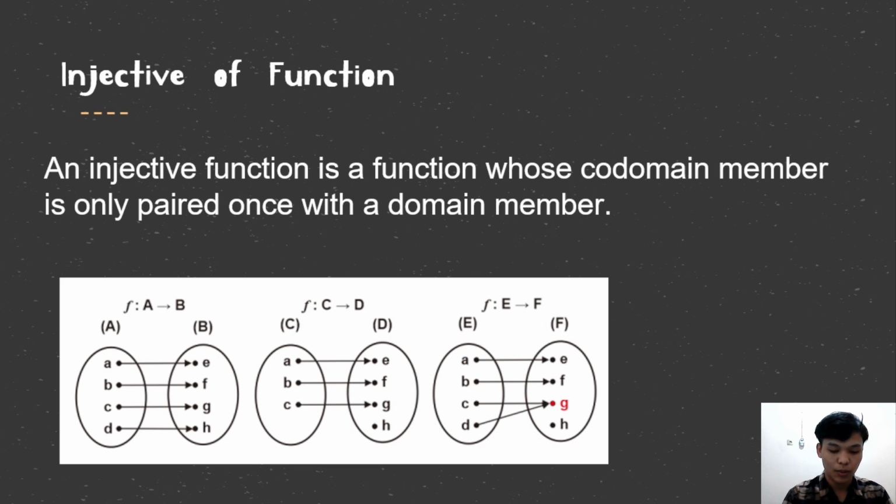There cannot be more than one. Injective functions are also called into function or one-to-one function because each element of the codomain can only be related once. The injective function can be seen in the following figure.